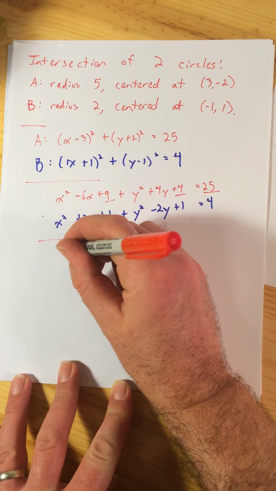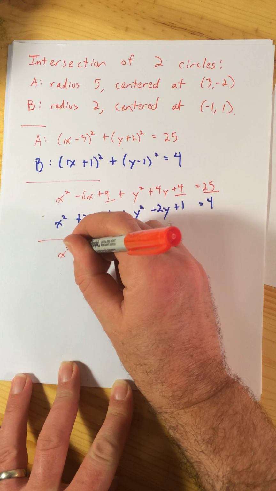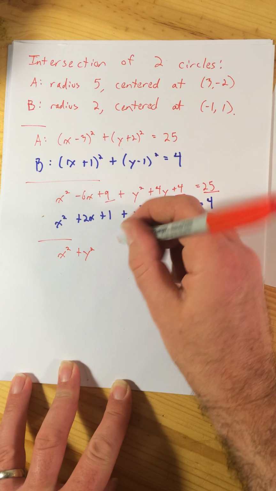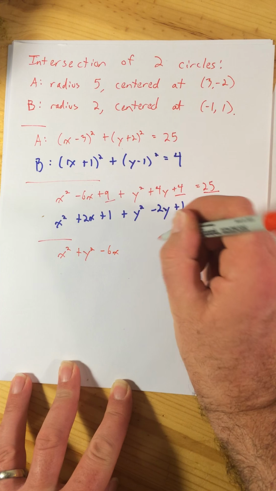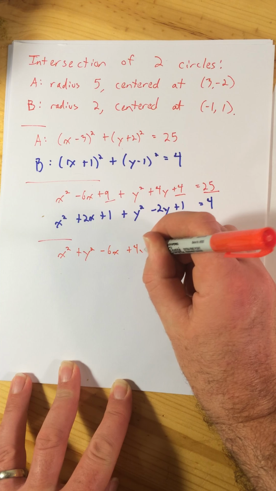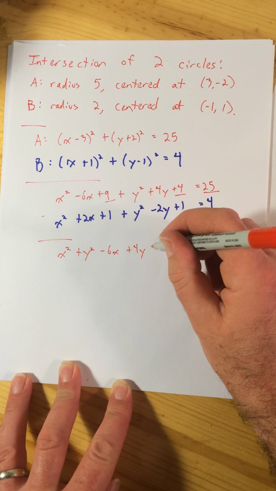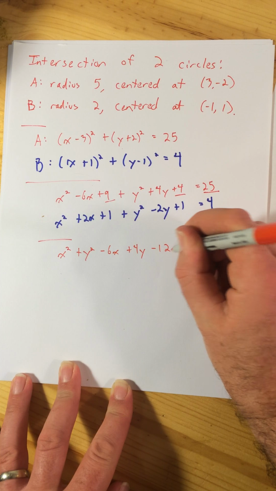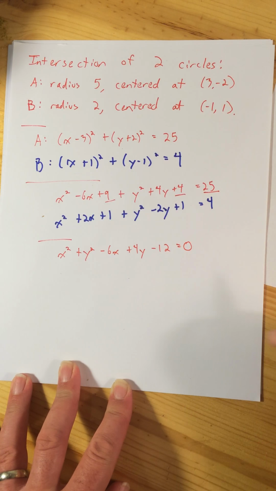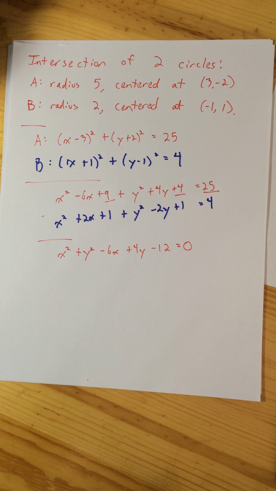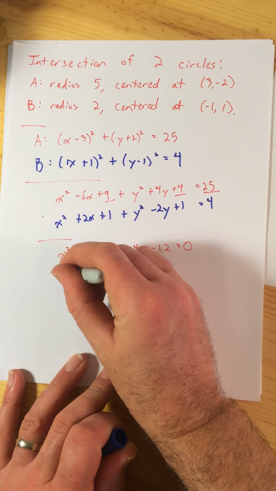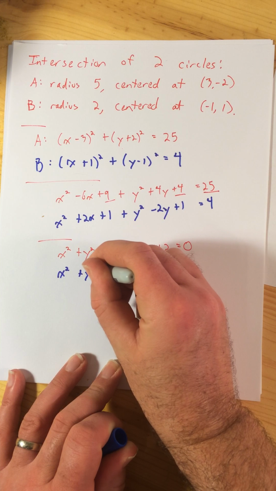So really A turns into x² + y². Let's put those two terms together. I've got -6x + 4y to put the two linear terms together. And I should have -12 equal to 0. Now likewise for B, what I've got is x² + y².